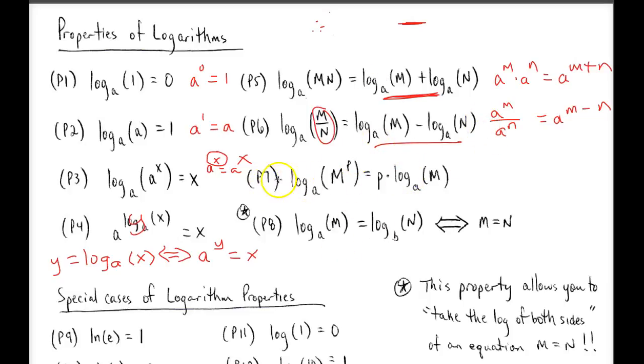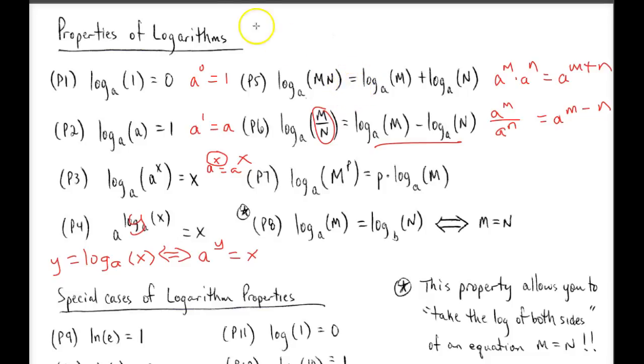What property 7 alludes to is taking a situation where you basically have property 5, and instead of m times n, assuming that m and n are different, you have just log base a of m times m times m.